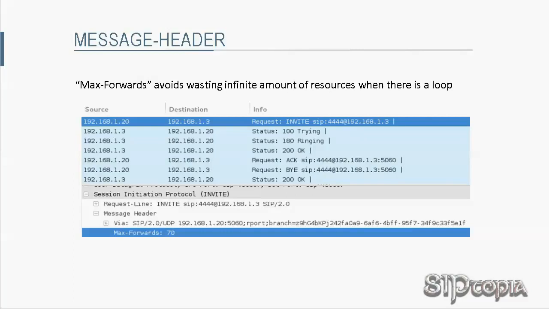Every time a SIP message is received by an entity on its route to its destination, the Max-Forwards value will be decremented by 1. If an entity receives a SIP message with a Max-Forwards value of 0, it will respond with a 483 Too Many Hops message and not send the SIP message to the next entity. With the use of Max-Forwards, we avoid throwing away an infinite amount of resources when there's a loop.